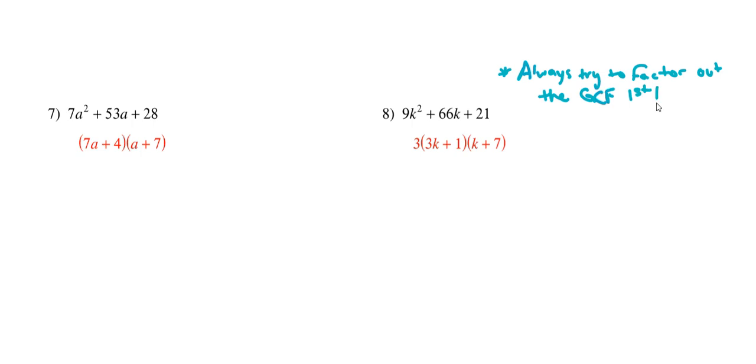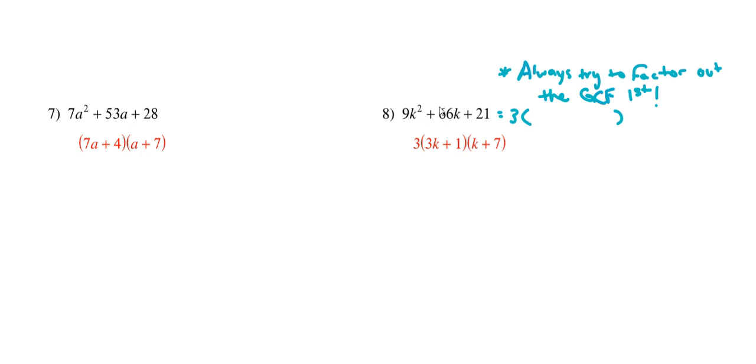So anytime you're given a factoring problem, always look for that greatest common factor. So you have a 9 in this one, so you might want to see if those other values are divisible by 9, which they are not. So then you try another value that 9 is divisible by, which is 3, and these are divisible by 3. As you can see, part of the answer has a 3 on it. So you could factor out 3 as your first step.